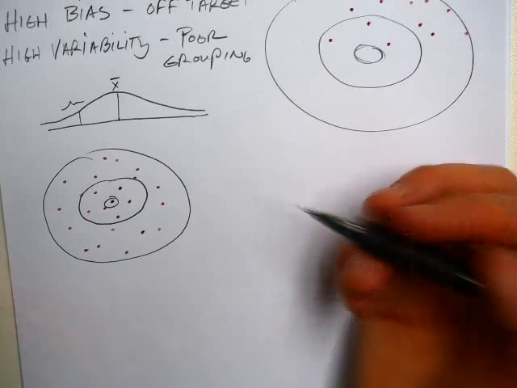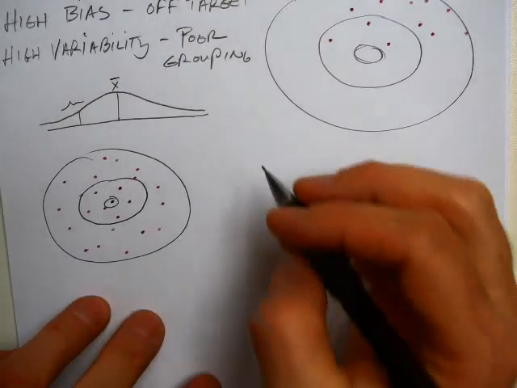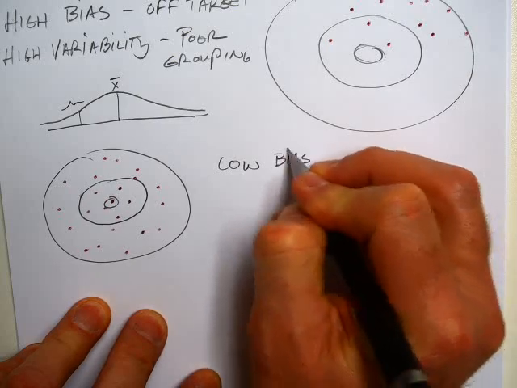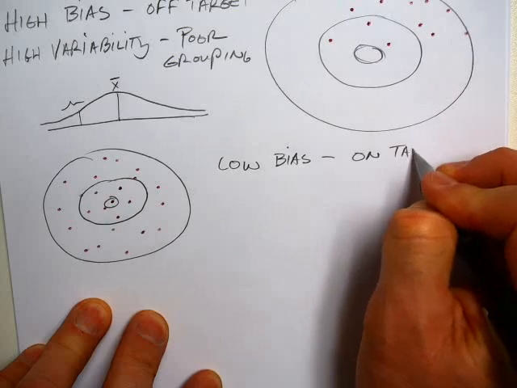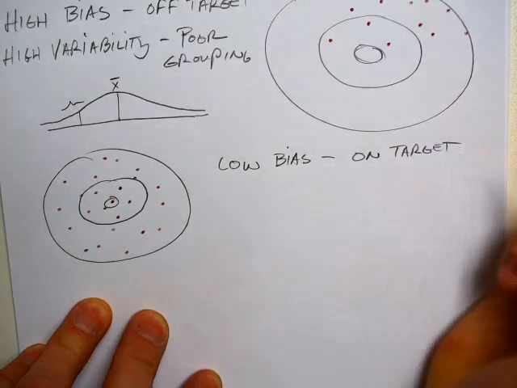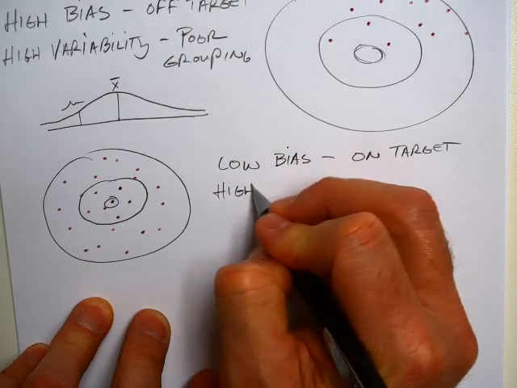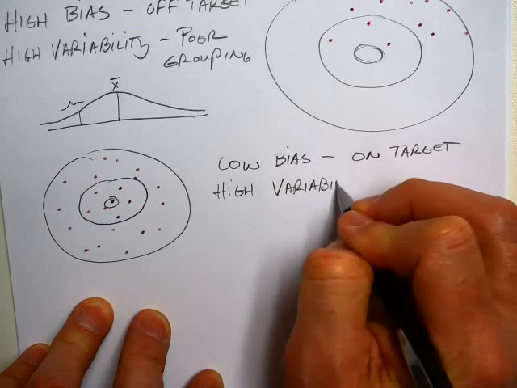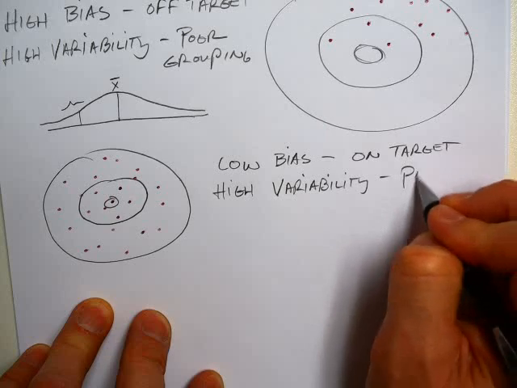Yeah, low bias. We're centered around the middle, but my grouping's still pretty wide, isn't it? So this would be a low bias. We're on target. But we have high variability. Poor grouping.